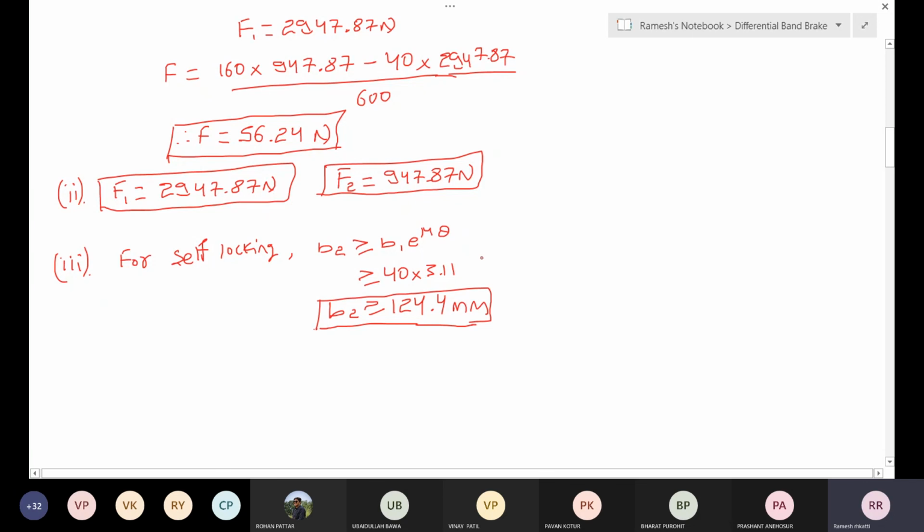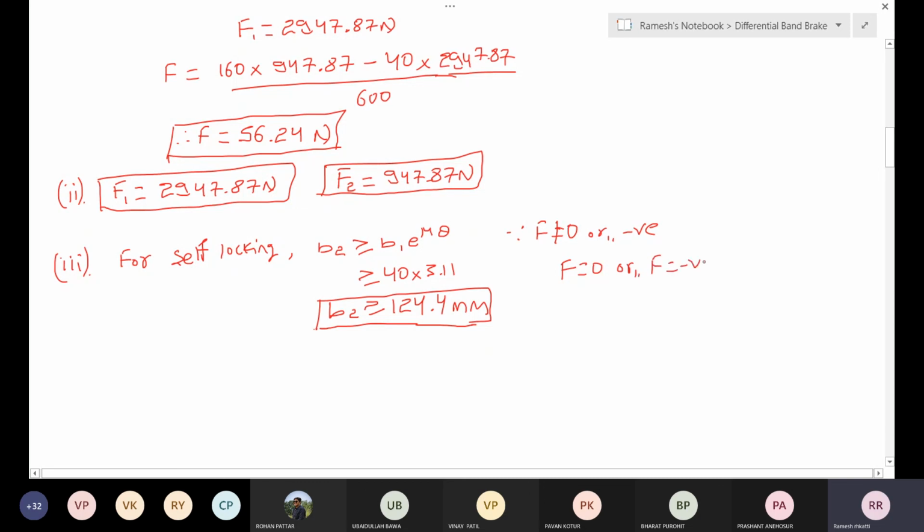This is how you have to solve. This condition you have to use when F is not equal to 0 or not negative. Here our case is F is 56.24. You have to use the other self-locking condition when the force is 0, meaning the person has not applied the brake, or it is negative.